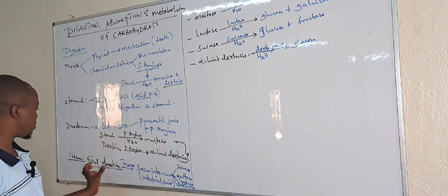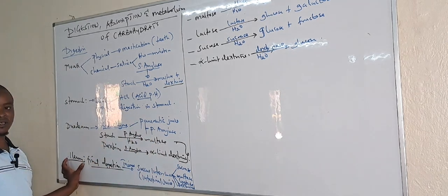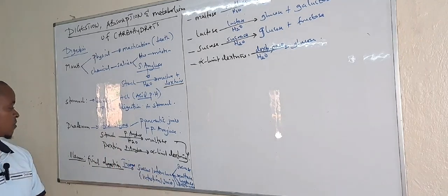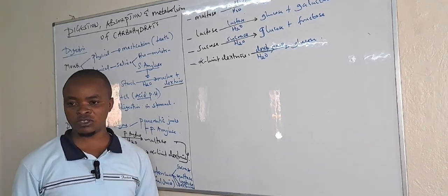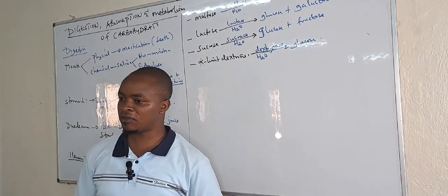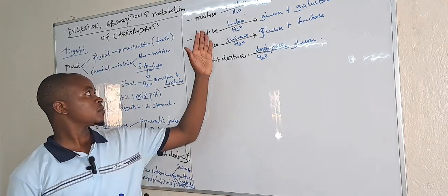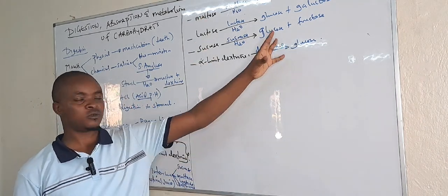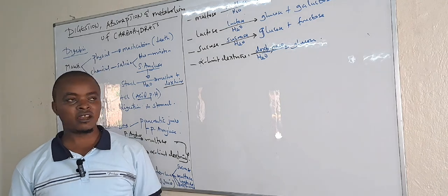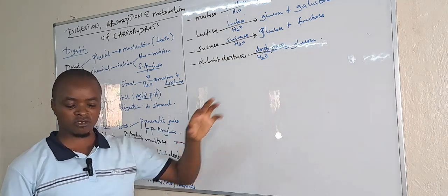Then in the last end of small intestines, we have production of succus entericus, which contains 4 enzymes which perform the role of hydrolyzing these disaccharides into simple sugars. Then from here, this one marks the end of digestion.